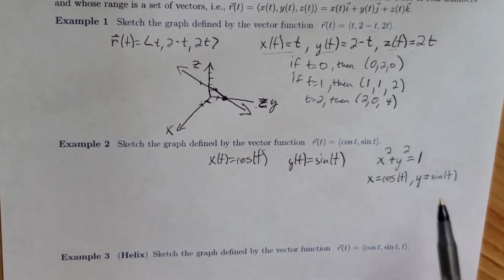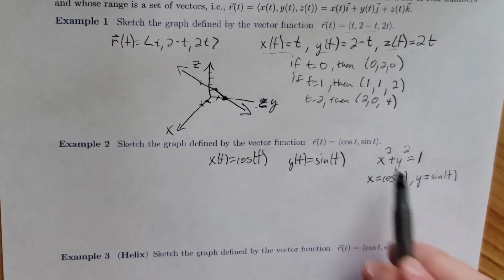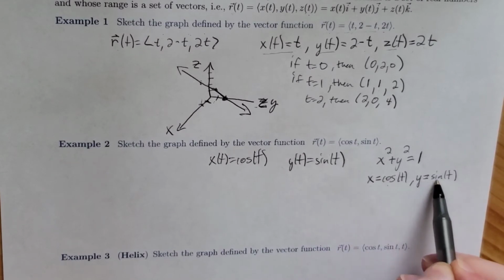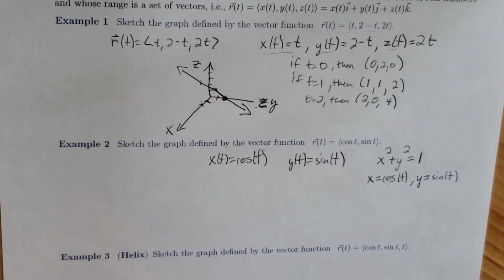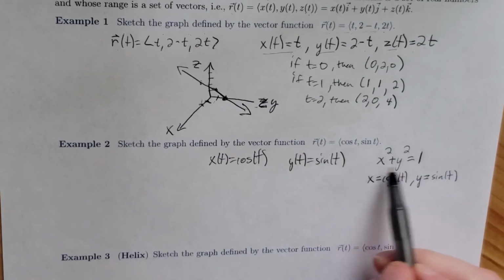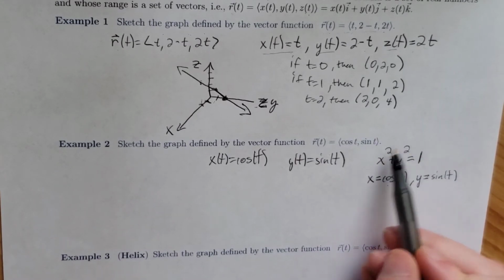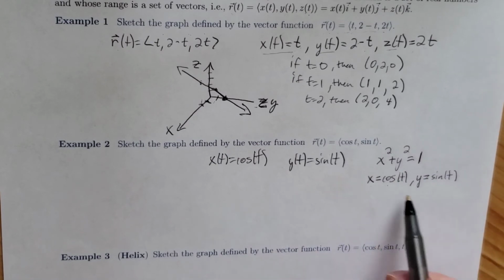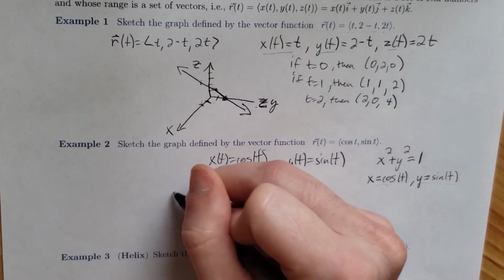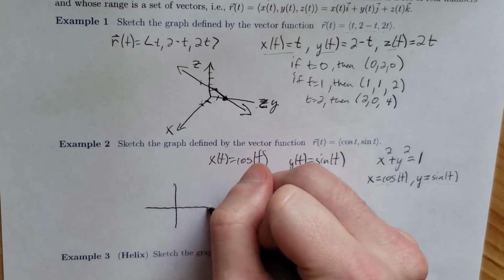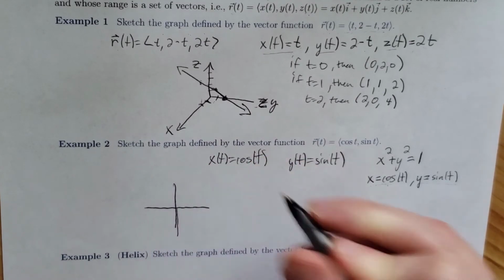But it doesn't matter what variable we use, so we have t here, so x is cosine of t, y is sine of t. And again, this is just the equation of a circle of radius 1. So these parametric equations define a circle of radius 1.